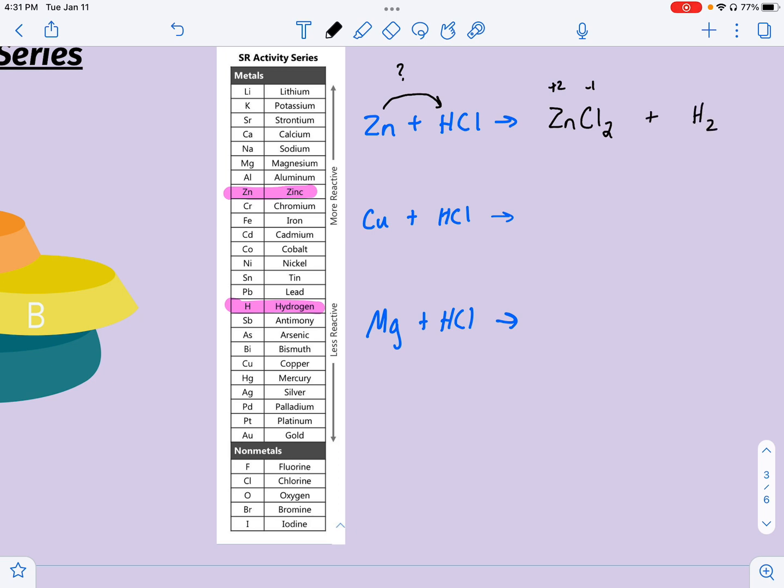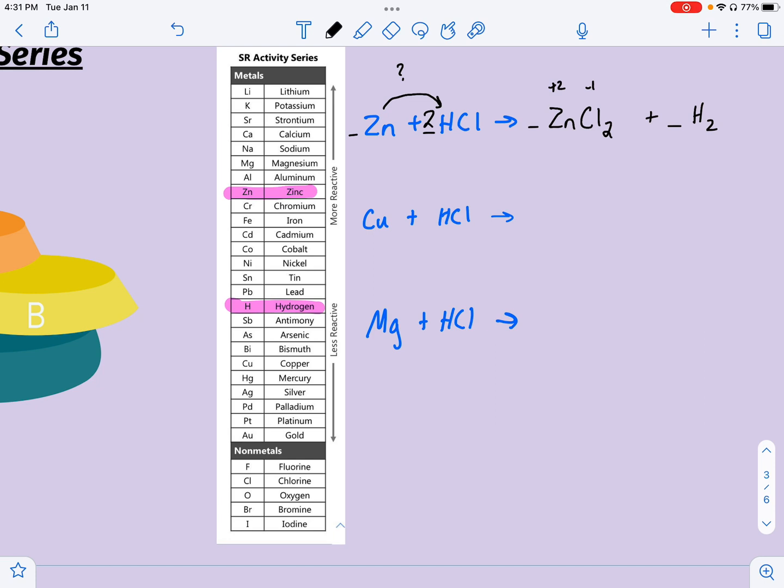H2 is what's left behind. Can't be alone, diatomic. Now I can balance the whole equation. I see 2 chlorines, so I'll put a 2 in front of HCl, and that takes care of the 2 chlorines and the 2 hydrogens. So now I have a balanced equation that's predicted the products of the single replacement reaction.